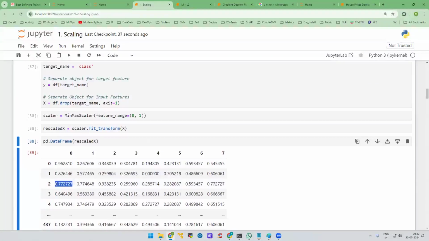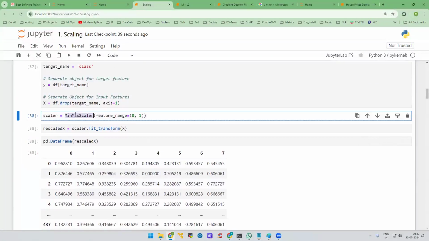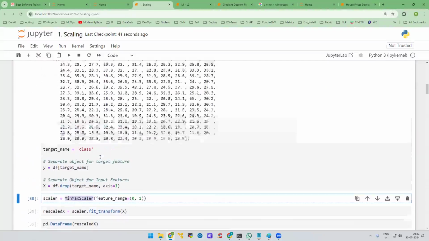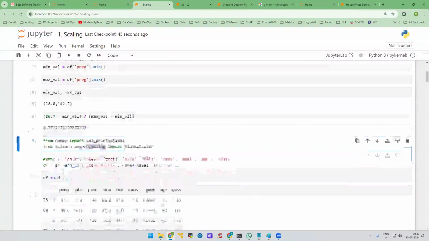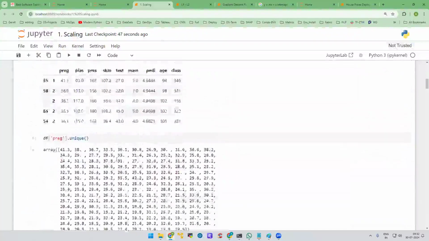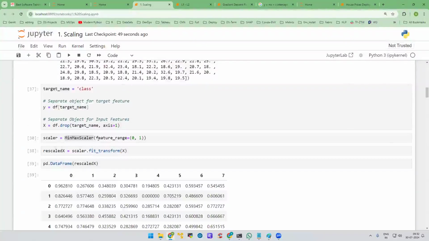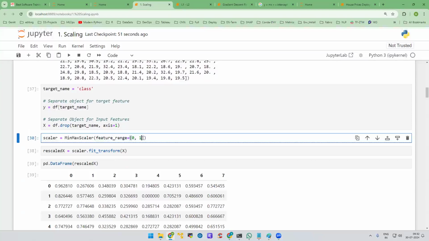Of course, the mechanism is going to be different. We have a much better way to do that. We can import min-max scalar from scikit-learn, which is part of the pre-processing component. And feature range, we can basically ignore it. The idea is to get the values between 0 and 1. We can even fix that to 0 to 2, whatever, but usually you go with 0 to 1.